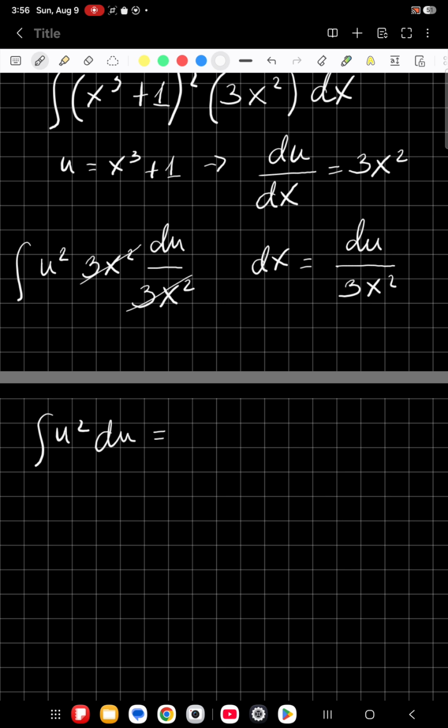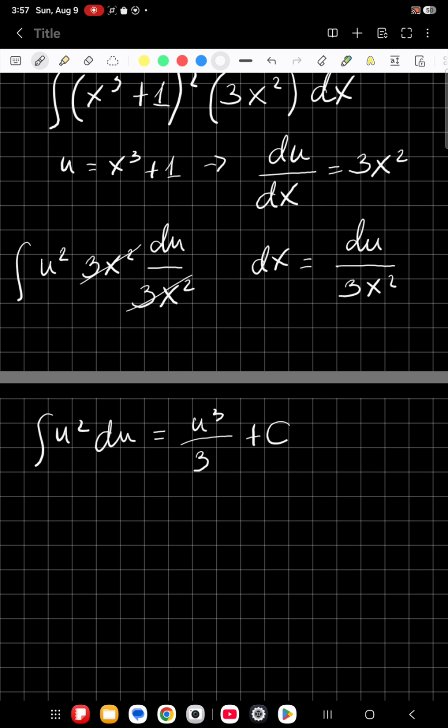Again, you need to think about what we are doing exactly. We're adding 1 and dividing by 3. That's the power rule for integrals. So that's going to be u to the third over 3 plus c. It's an indefinite integral, so we need c.